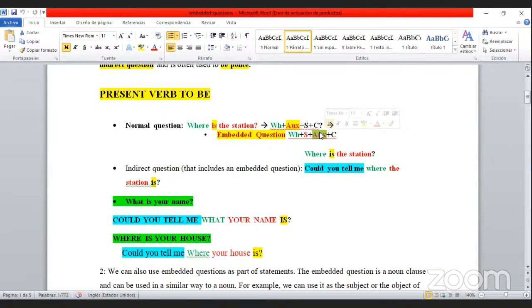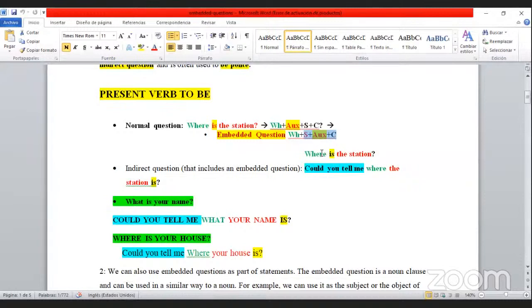So what are we doing here? We are respecting the first WH, and after the WH, we have to convert all of this, that is a question, into an affirmative sentence, okay? Subject, auxiliary, and complement. So this is not a structure for a question. It is a structure for affirmative, okay?